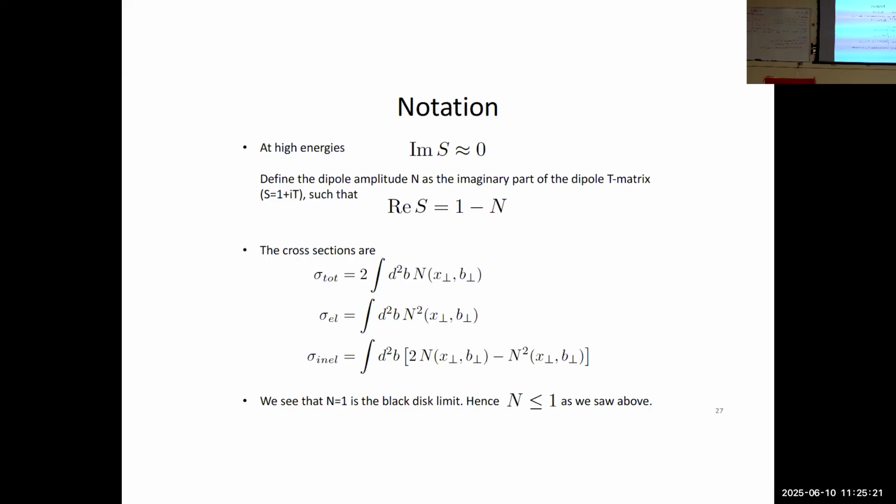So unitarity is preserved, and the transition, this turnover here, happens at the scale where the exponent is order 1. So we define a saturation scale as follows.